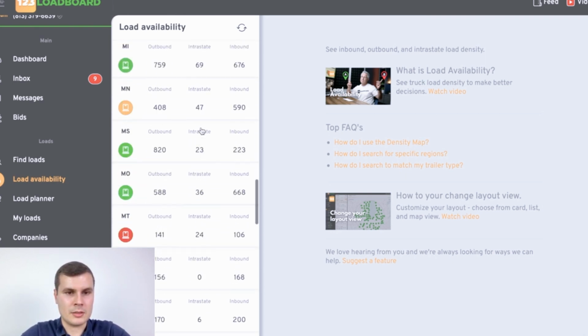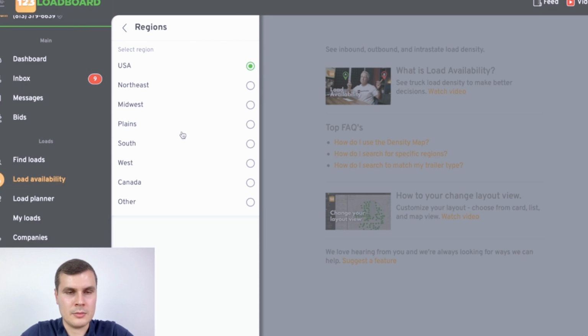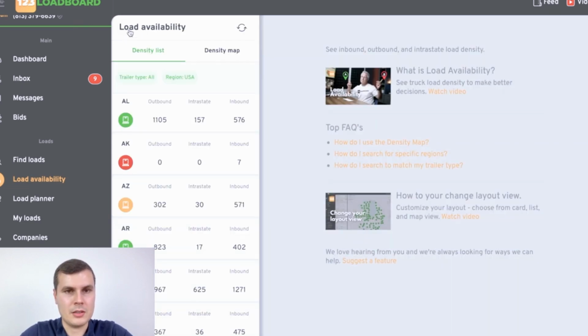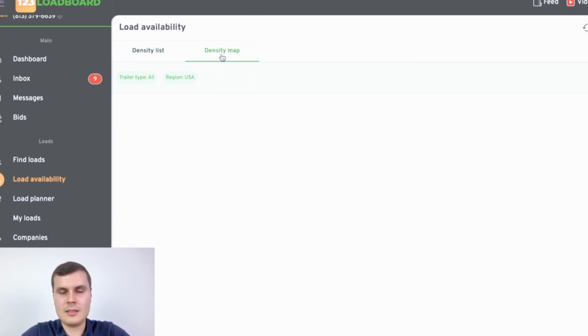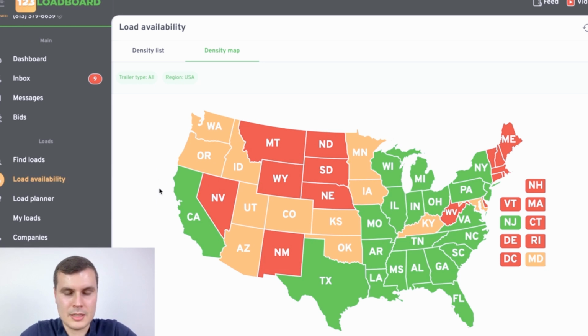I can scroll and it provides me all the states, and then I can also sort it by trailer type and by specific region as well. It's not something DAT allows me to do. And then we also have the density map. This is very similar to the one we saw on the DAT again. This one shows the load to truck ratio, except that the color coding is different. So here green means high, loads are available.